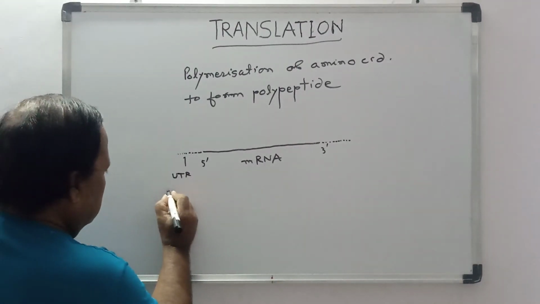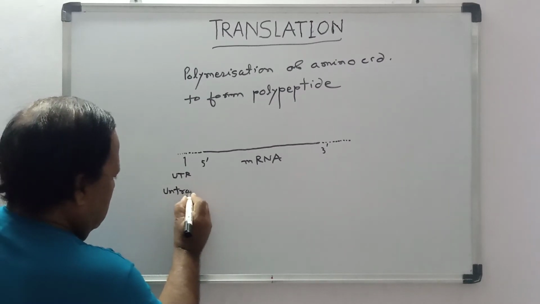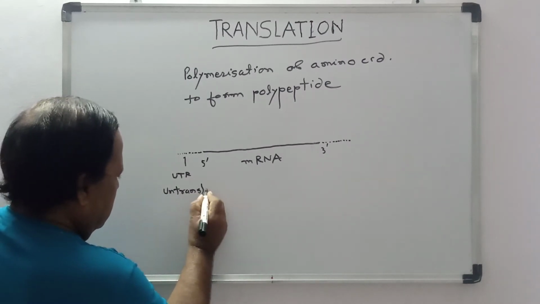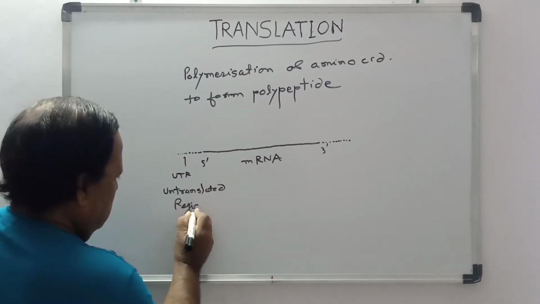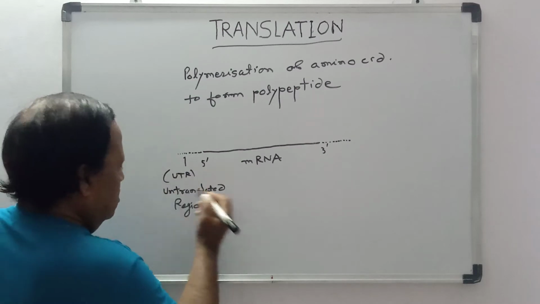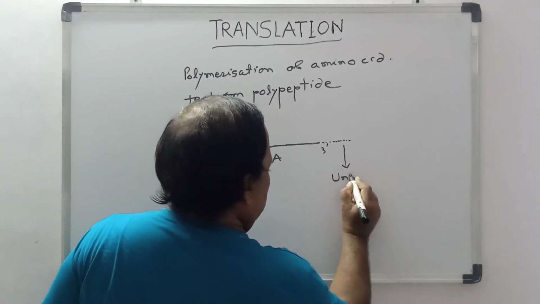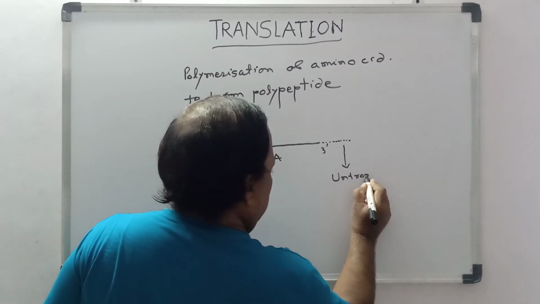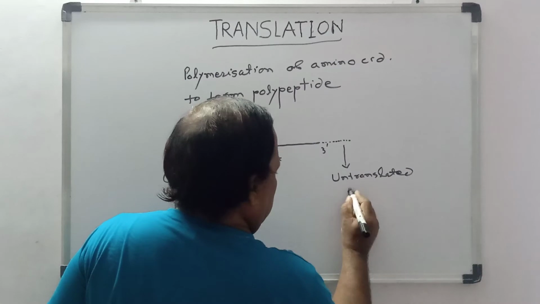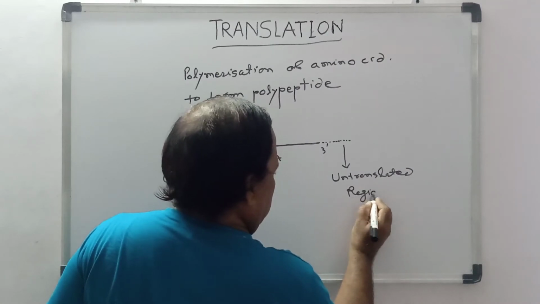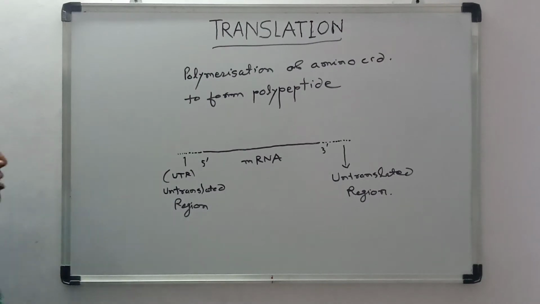It is called the untranslated region, that is UTR.